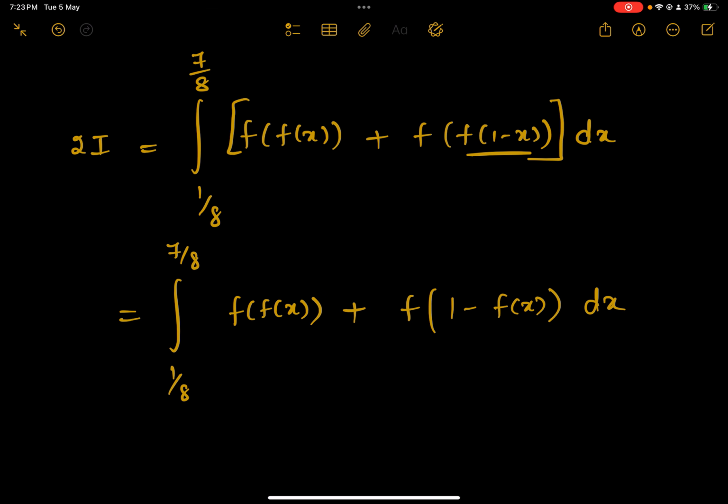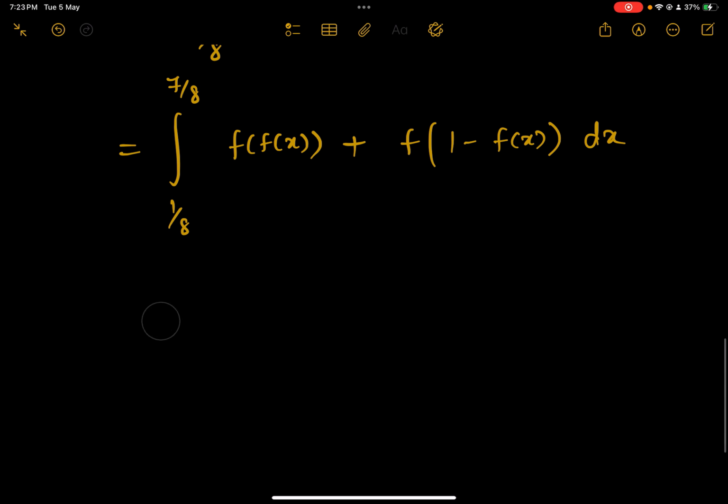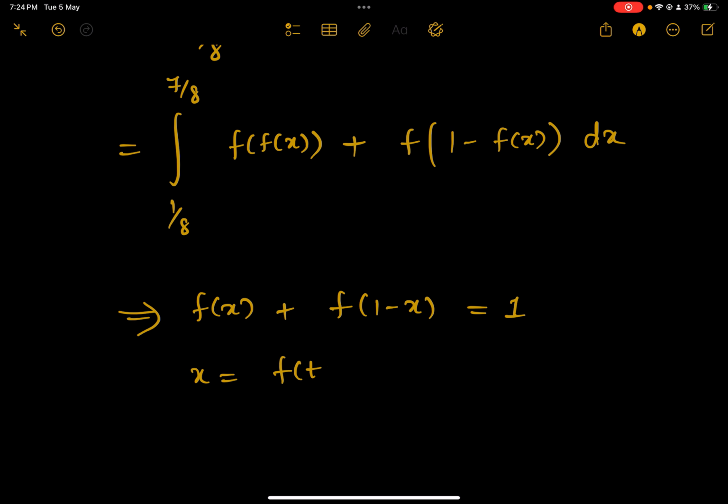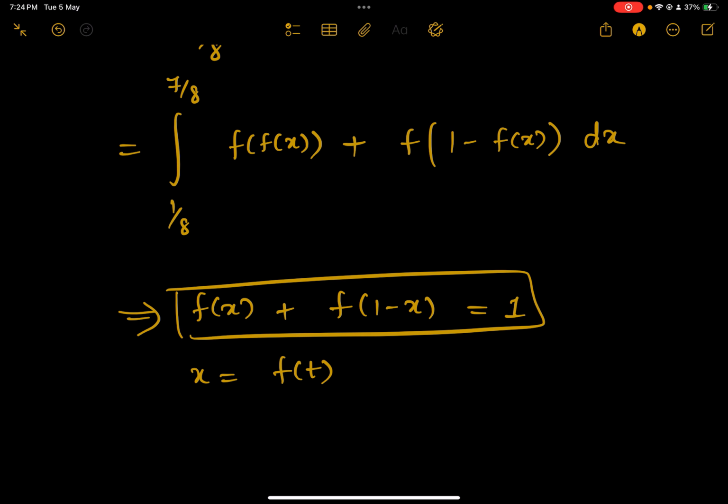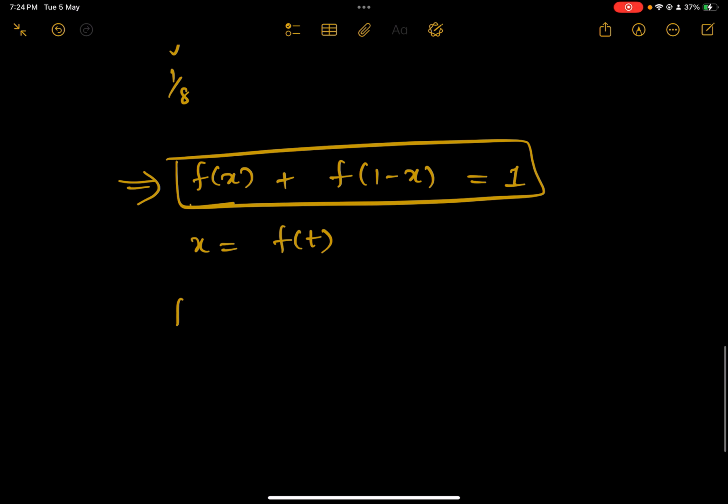Okay. So now we already derived that f of x plus f of 1 minus x is equal to 1. This is what we have derived. Now what I'll do is I'll substitute x equal to f of t into this particular equality that we have achieved. Then we'll get f of t plus f of 1 minus f of t is equal to 1.